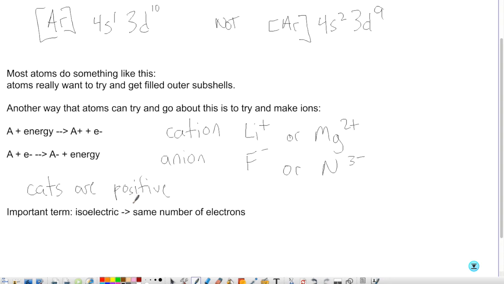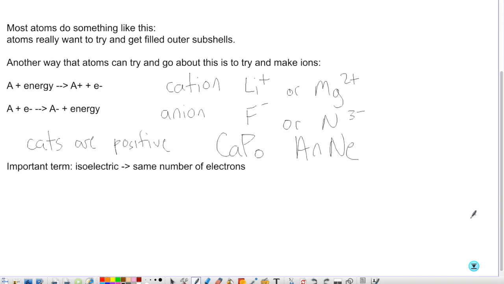It just doesn't stick with me because I don't like cats. But because I like to come up with my own little things here, I remember capo Annie, which doesn't mean anything at all. It's possibly the worst mnemonic ever. Capo Annie. But that actually sticks with me. Cations are positive, anions are negative. Boom. Whatever works for you.